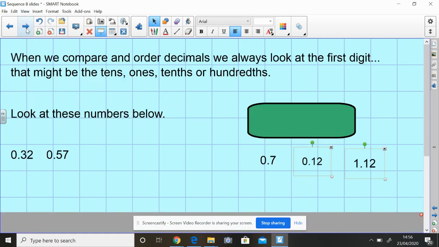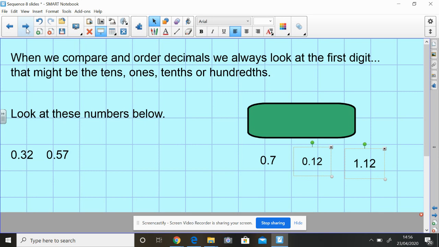Okay, so we're now going to focus on ordering and comparing decimals, which is our main focus for today. So when we order and compare decimals, we always look at the first digit, okay? We might have to compare decimals in order from smallest to largest. We might just have to compare 2 decimals with the greater than or less than sign.